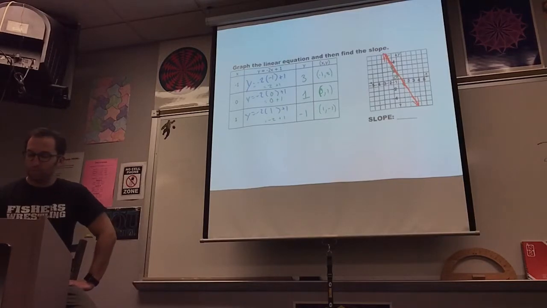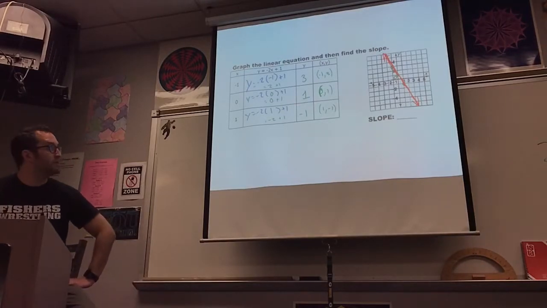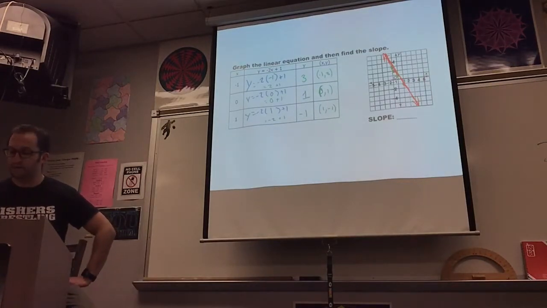And now it's time to get our slope. We can pick any of the points that we want. What can you tell me about the slope right away? Just give me something. It's negative. We can tell it's going to be negative. So I'm going down 2. That's negative 2. And over 1.